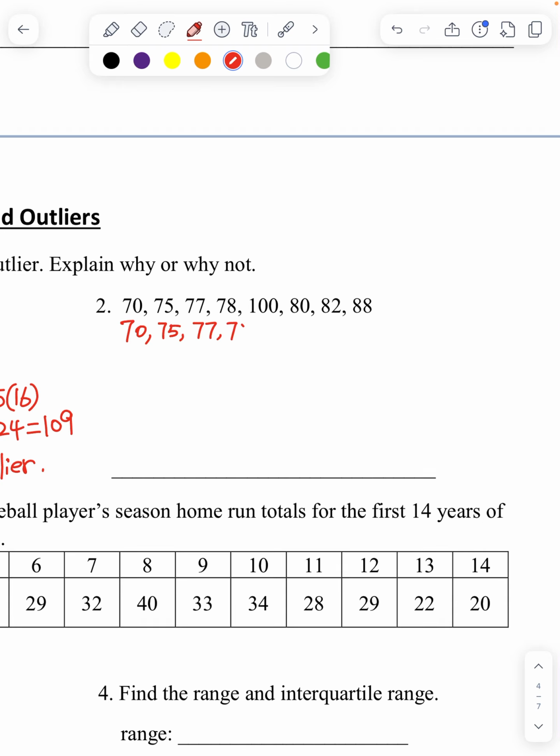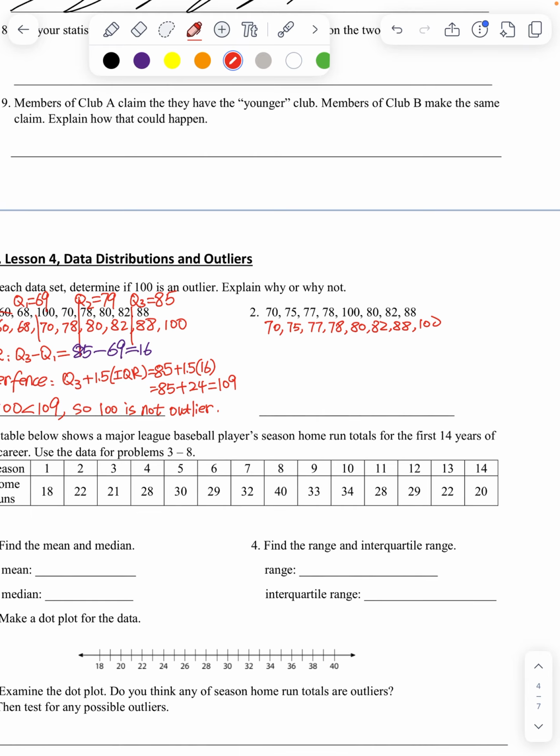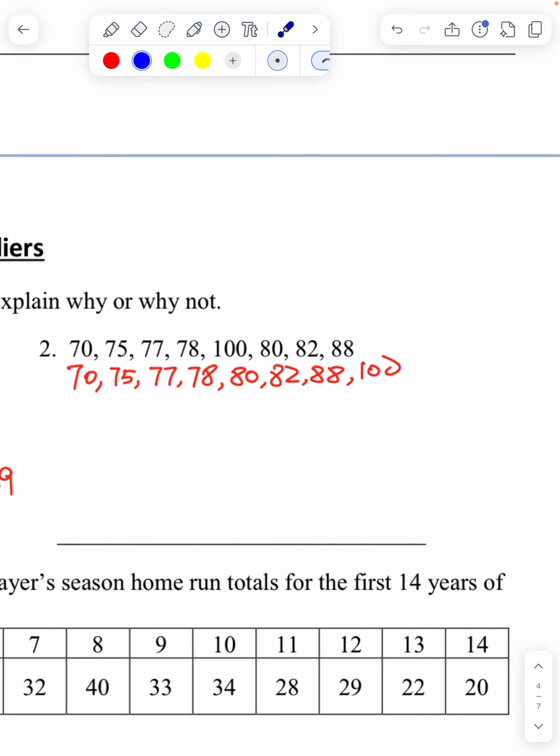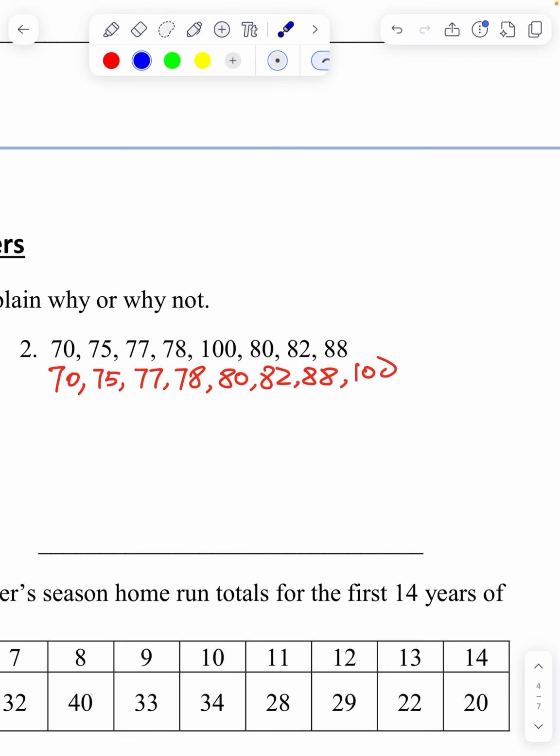77, 78, and then 80, 82, 88, then 100. So kind of similar to the first one, right? But the first one, the lowest is 60, but this one is 70. Okay, let's figure out Q1 and Q3. Again, we have to figure out Q2.